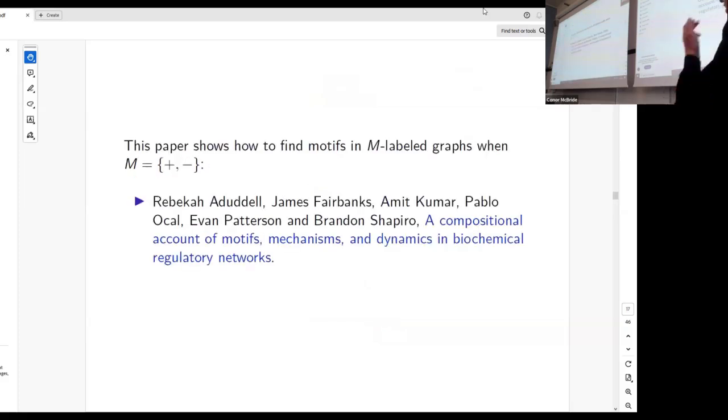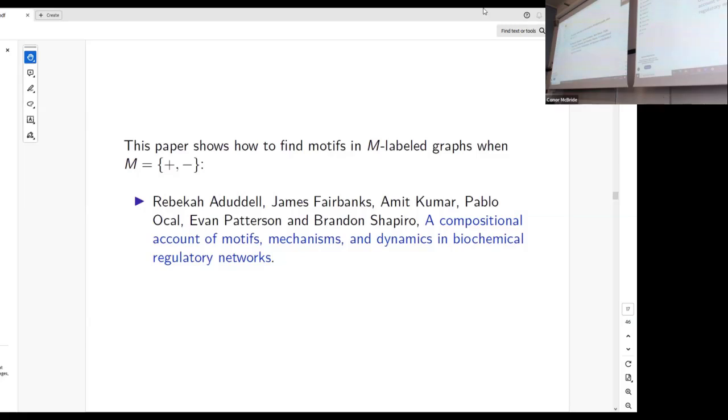Well, it was worked out very nicely, in this case where M is the two-element monoid plus-minus, in this nice paper with a bunch of authors who were all working together in an American Mathematical Society project in the woods, sort of near Buffalo, New York.